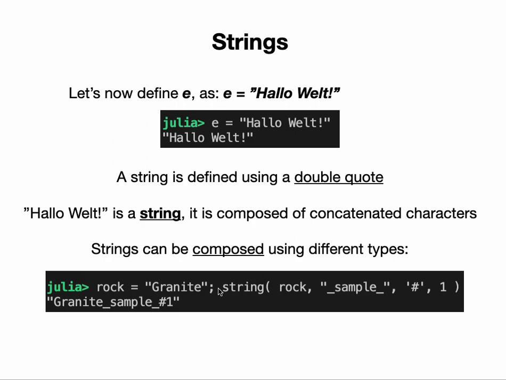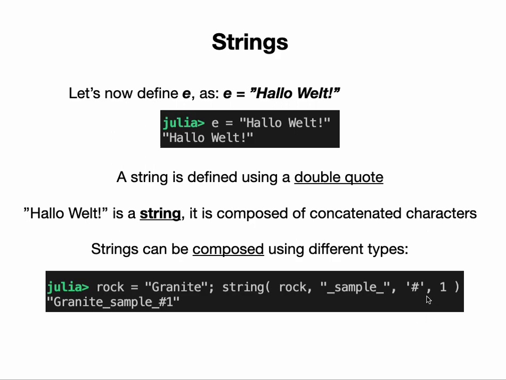There is a function here, string, that will allow you to generate a string composed of different types. The first argument can be rock, which is a string, "granite". In the second argument, I hard-coded another string, double quote, underscore, sample, underscore. For the third argument, I put a character, a hash symbol; you see the single quote.